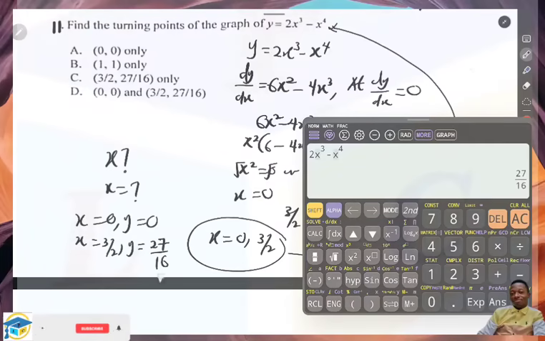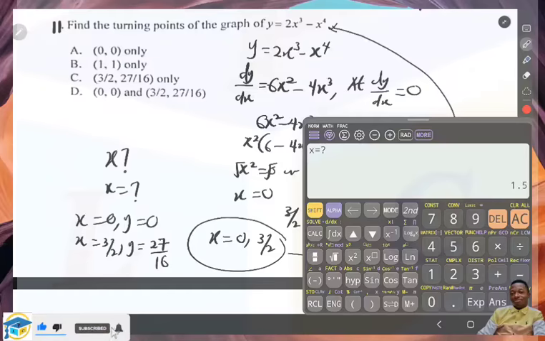The reason we are doing this is to avoid having to substitute 0 in there and then substitute 3 over 2 into the function, which will delay your time computing them individually. So once you get this function on the calculator, just press solve.